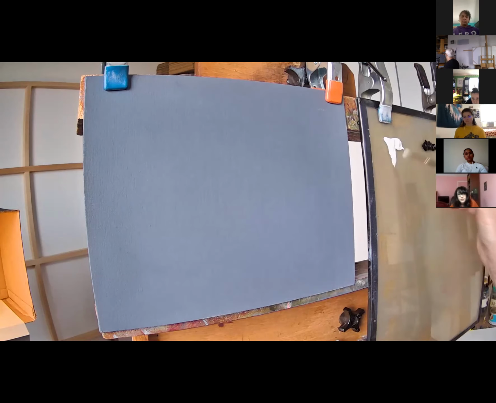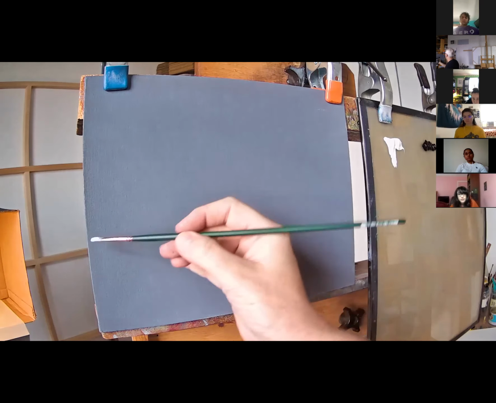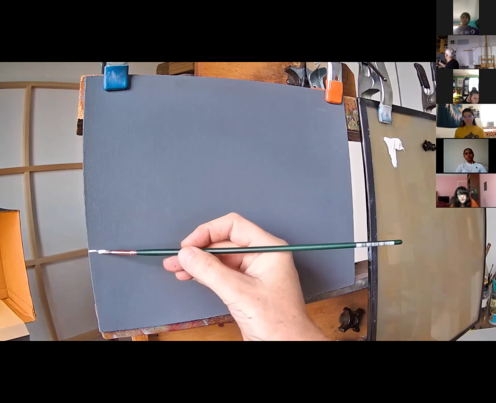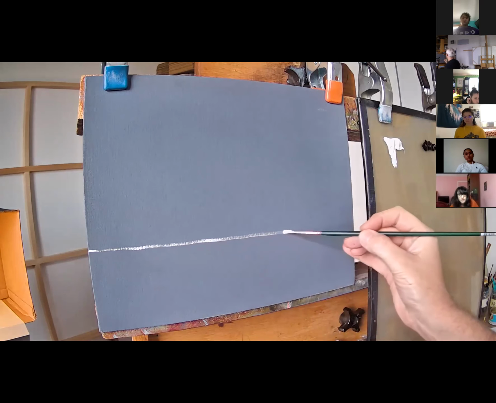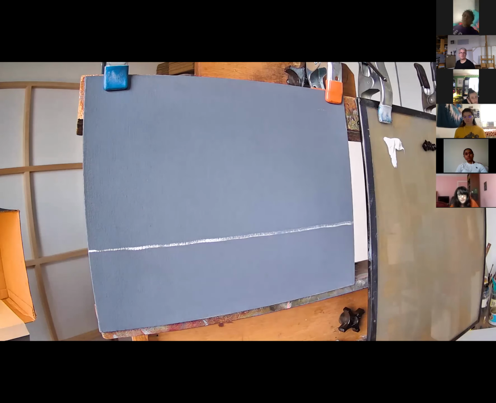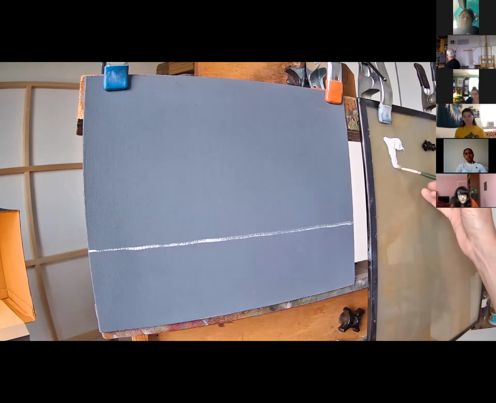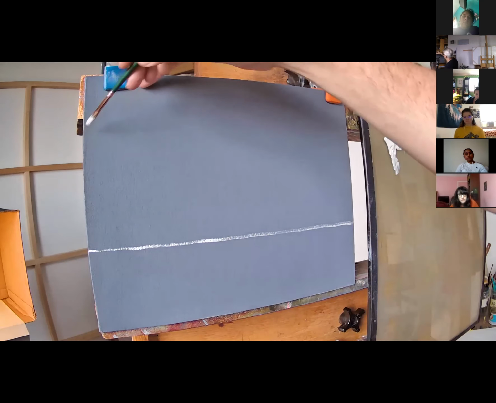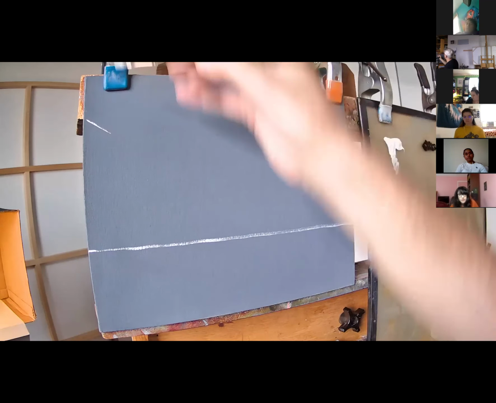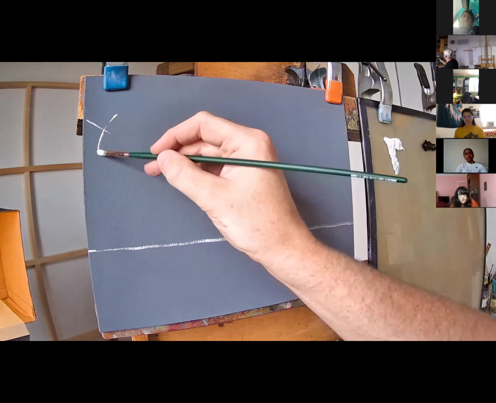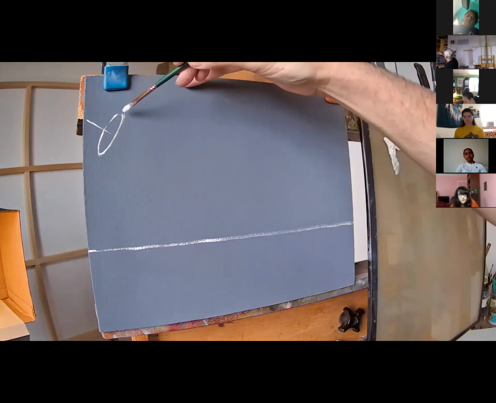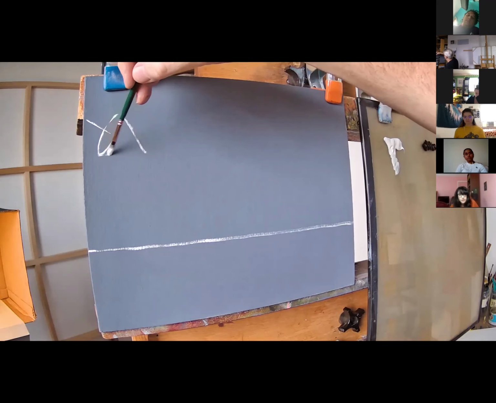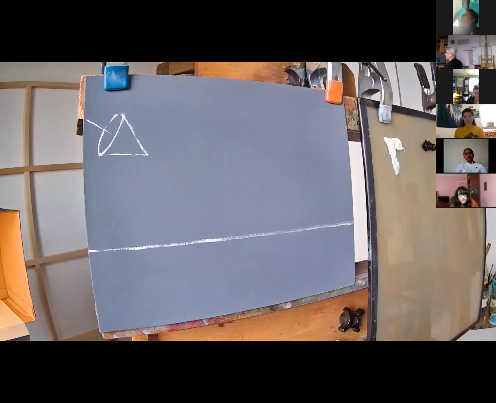So let's say we have a surface here. So we have a tabletop. And let's imagine this is a tabletop, and we have a light source similar to the light source we use in this class. We have a light source coming from the upper left. Okay? We have a light source, something like that.